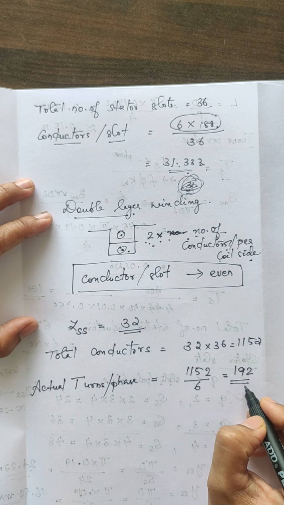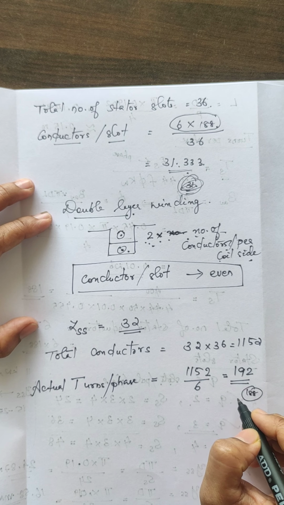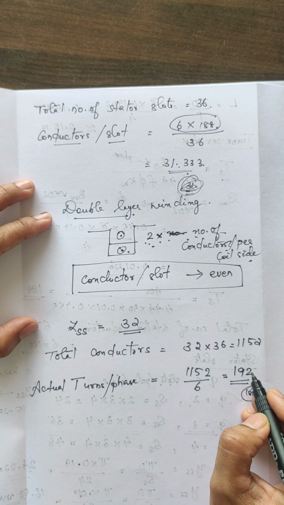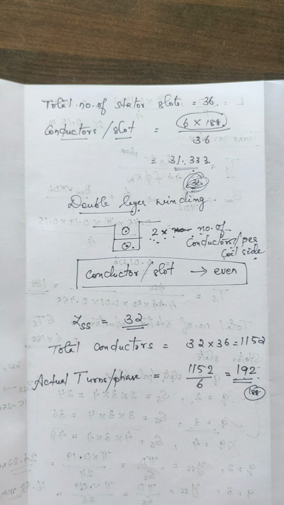So initially we got it as 188, but in order to make a double layer winding, we have to use 192 turns per phase. This is how this machine can be designed.